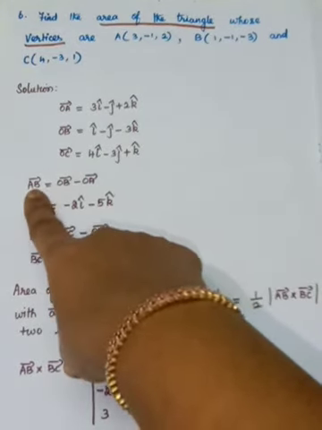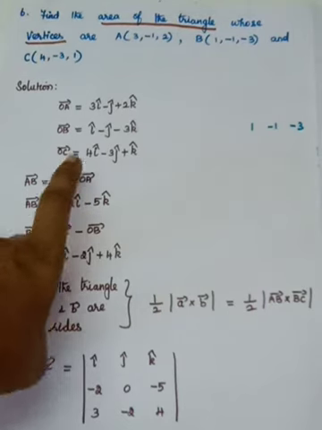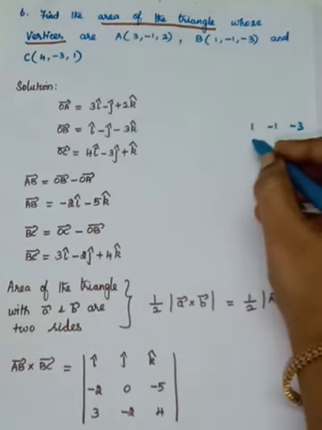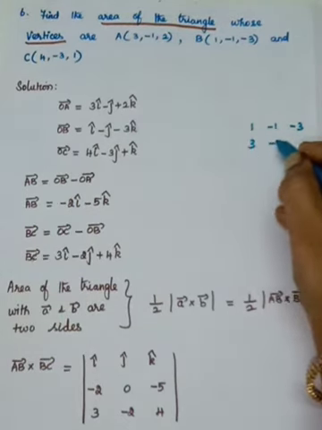Okay, how to write the AB vector? Using position vectors, you can write OB vector minus OA vector. So in the rough work, write the coefficients of the OB vector: 1, minus 1, minus 3. Next, minus the OA vector. What are the coefficients of the OA vector? That is 3, minus 1, 2.